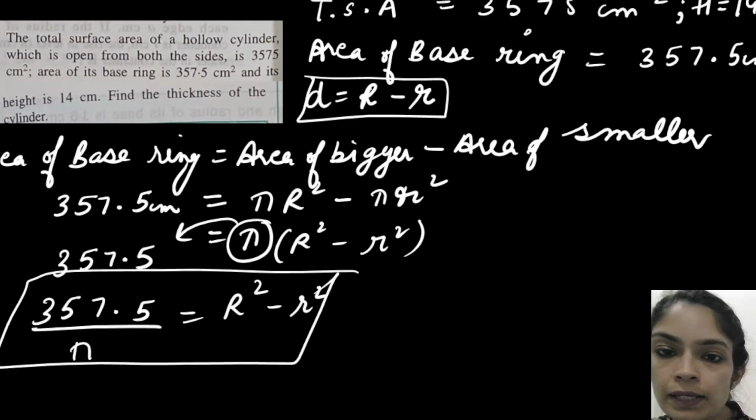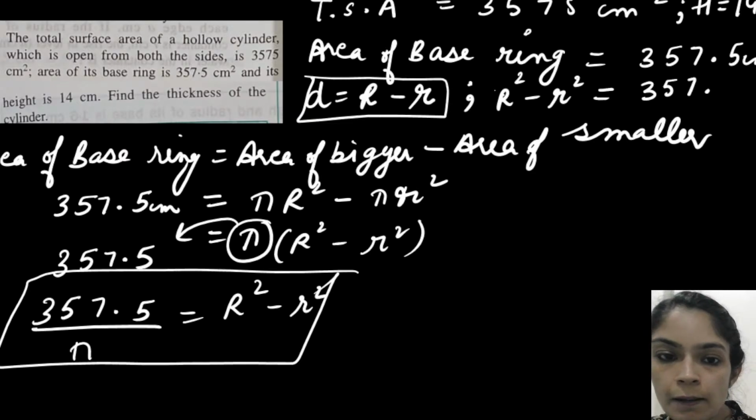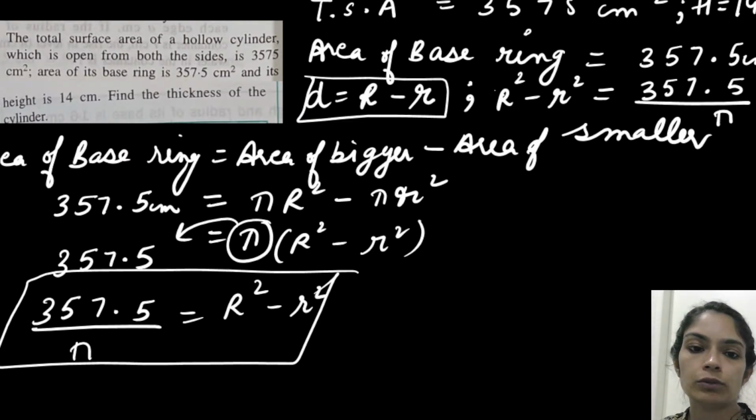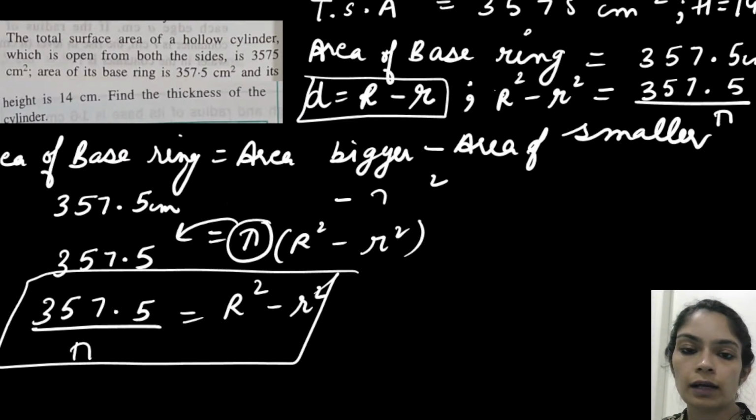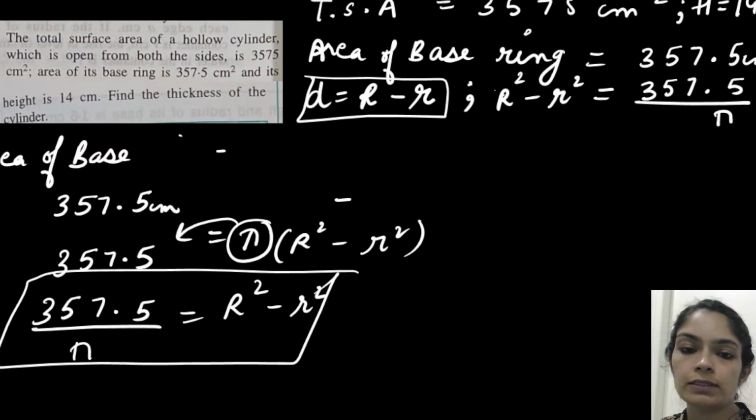Because I need the value of capital R minus small r, but whose value I found? Capital R square minus small r square, and the value is 357.5 by pi. I'm just going to clear this now. I hope you are making notes along with me.